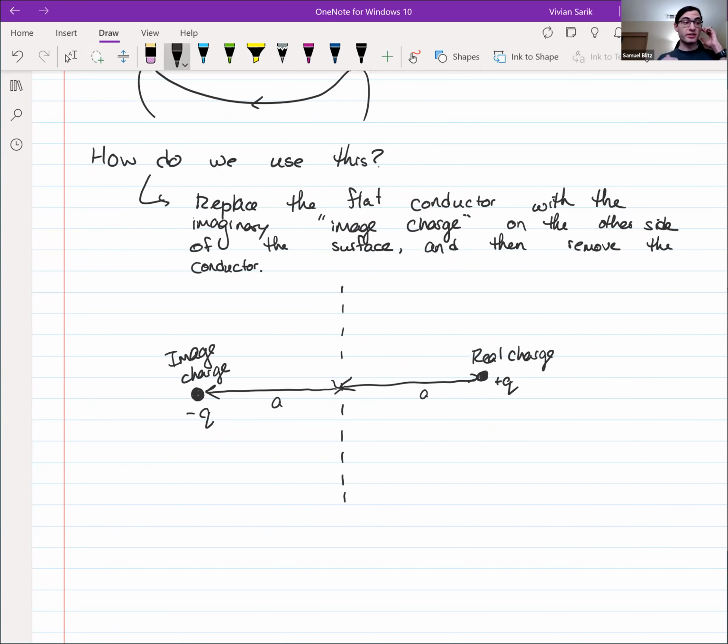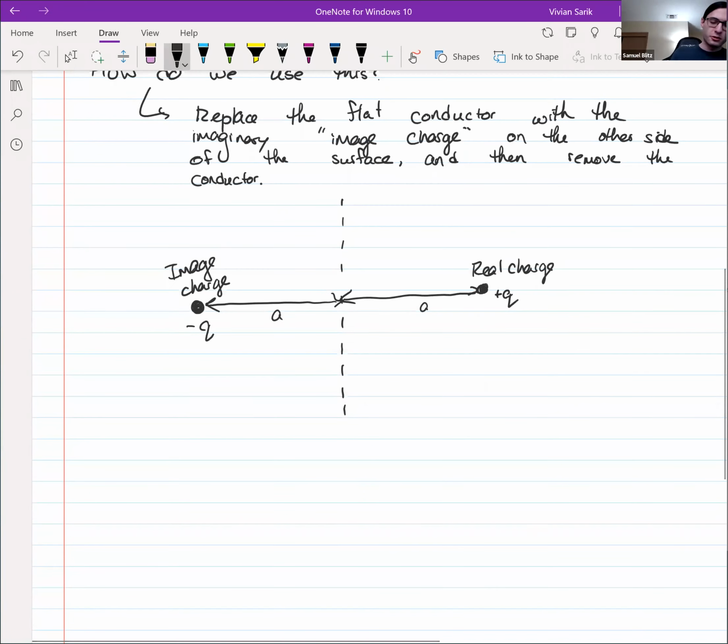And so we can use this trick to find the force on the real charge from the conductor. The reason we can do that is because the force would be precisely the same as the force on the real charge from the negative charge, from the image charge.